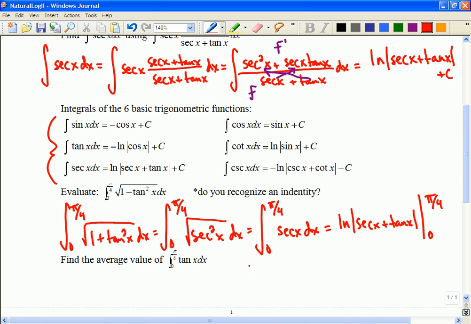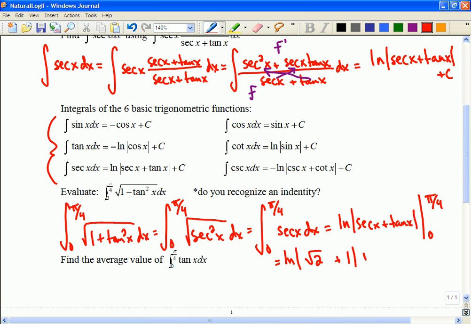So then we can work out a numerical value here. That's going to be the natural log. And secant of pi over 4, that's 1 over root 2. And tangent of pi over 4 is 1. Excuse me, that's the cosine. It should be just root 2.